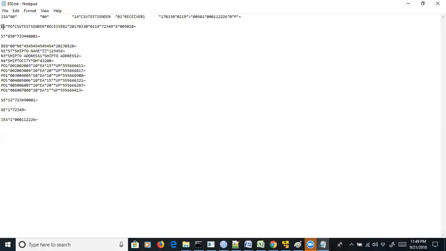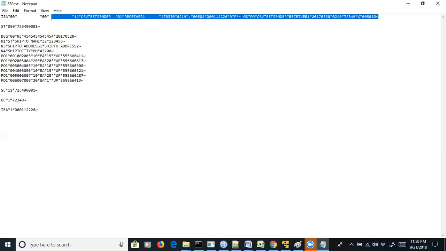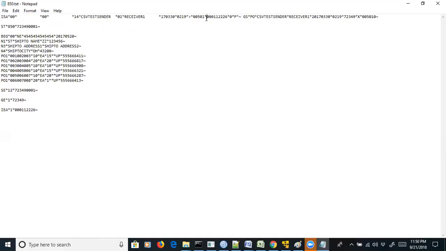Actually, in English I would say this entire line is one record or one line. But in EDI, because I understand EDI, I will say this one record or one line has two segments, because of the segment separator.